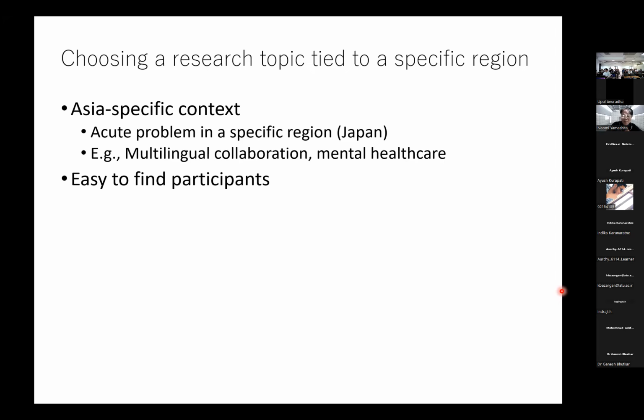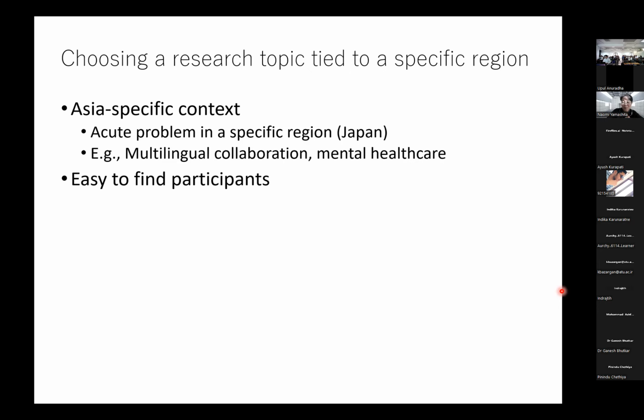Also, Japan has an extremely high suicide mortality rate, which is double the global average. Given these circumstances, the positive side of working on these topics is that I am already familiar with these problems, and it is also easy to find participants in my studies. However, there is also a downside of working on these kinds of region-specific problems.